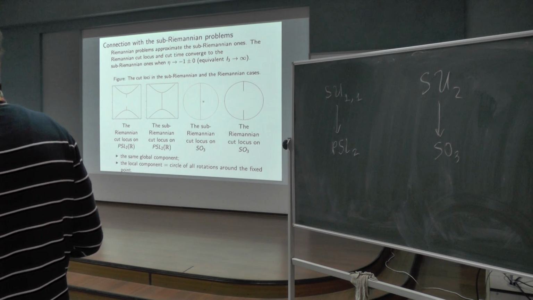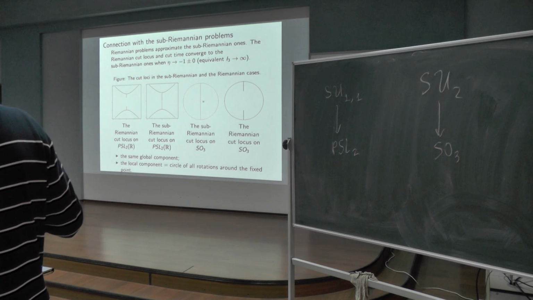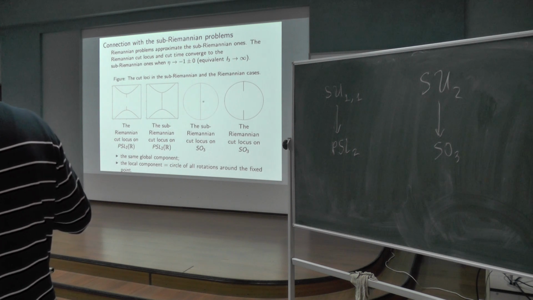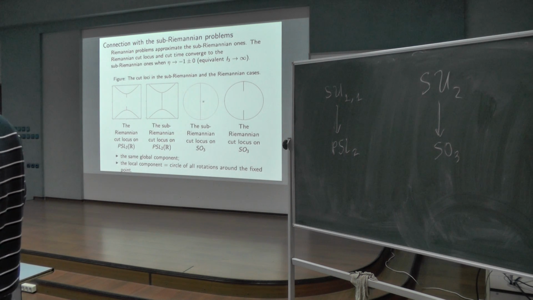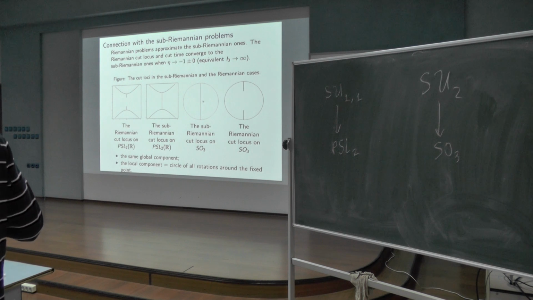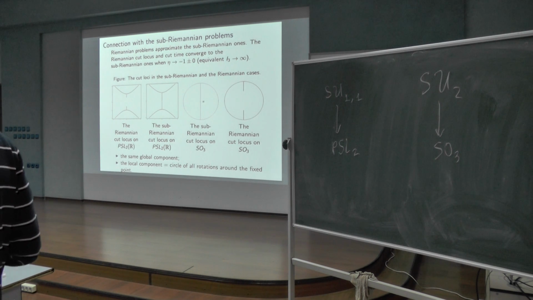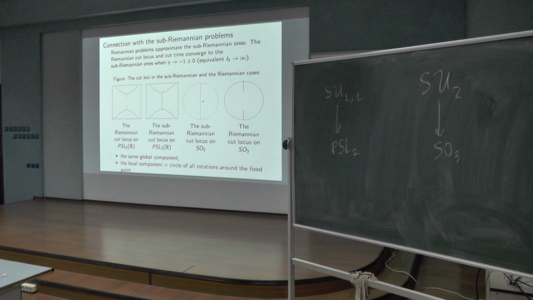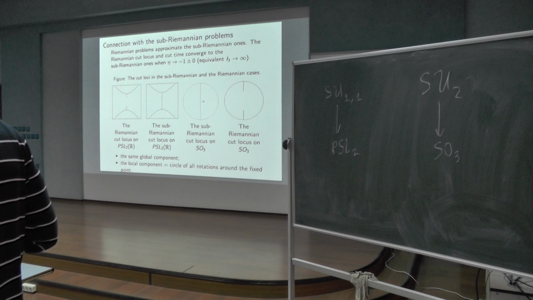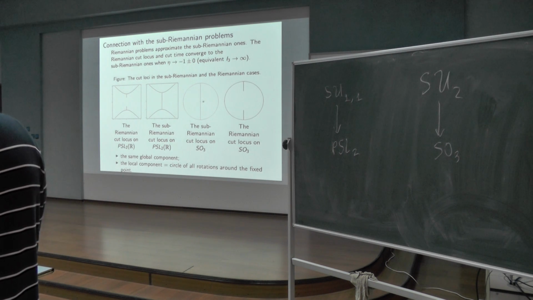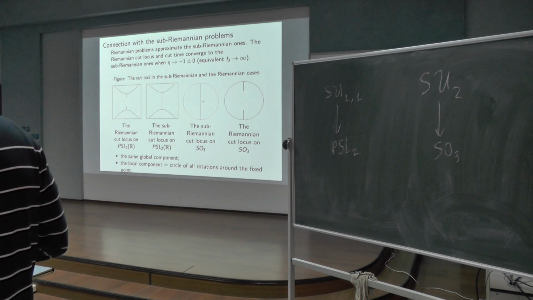And there is a connection with the Riemannian problem. When eta tends to -1, the sub-Riemannian problem converges to the Riemannian one. It means that the parameterization of geodesics, the cut locus and the cut time converge to the same objects in the Riemannian problem.